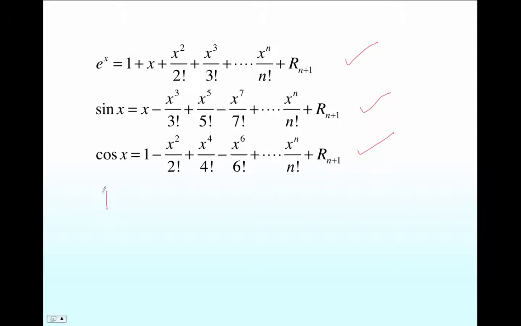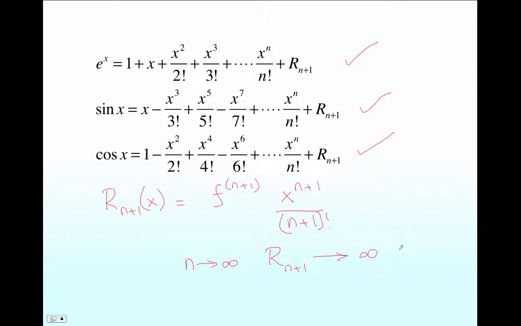Now, in each case, the remainder R_{n+1} is evaluated at some point x, and it's a fixed value for the derivative, just call it f^(n+1), times x to the n plus 1 divided by n plus 1 factorial. Now, as n goes to infinity, we've just discussed that this factor over here goes to 0, and hence the remainder also goes to 0 for any value of x.